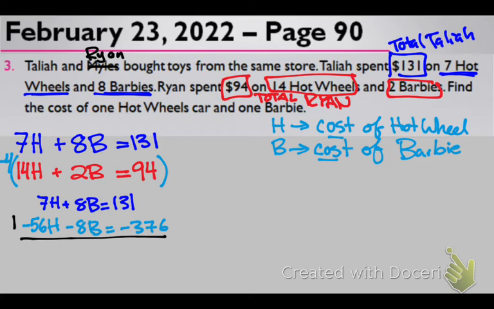So we will add those together. 7h minus 56h should be -49h. 8b and -8b cancel out just like we wanted them to. We have 131 minus 376.